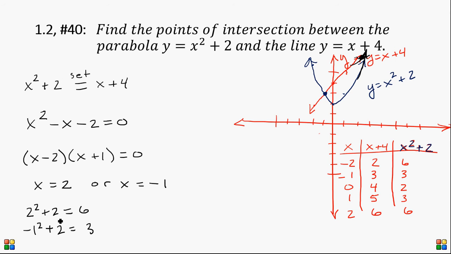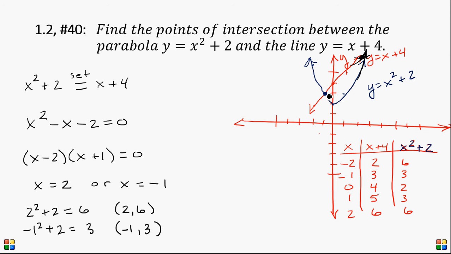So these are really my y values now, right? They're my y equals x squared plus 2, for both 2 and negative 1. So one of the points where these two are equal is at the value 2, 6, and the other one where they're equal is negative 1 and 3.